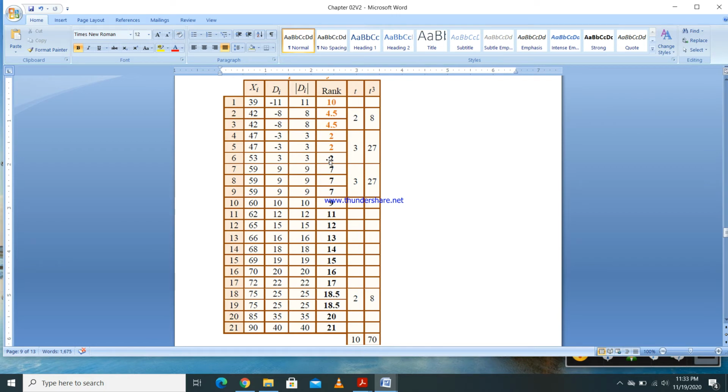Since we have the tied values, we can talk about the adjustment for ties. We discussed how to calculate the T value. In this case we have two 42s, so the T value is 2; here we have three 3s, so T value is 3; and here we have three 9s, so the T value is 3.